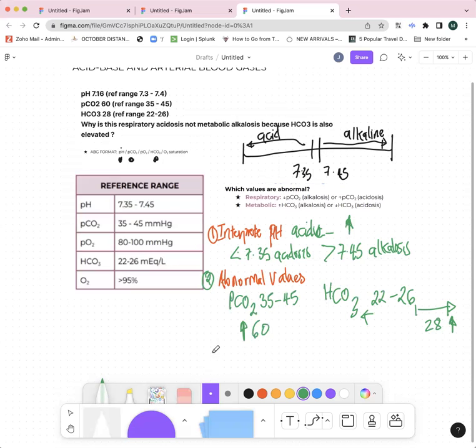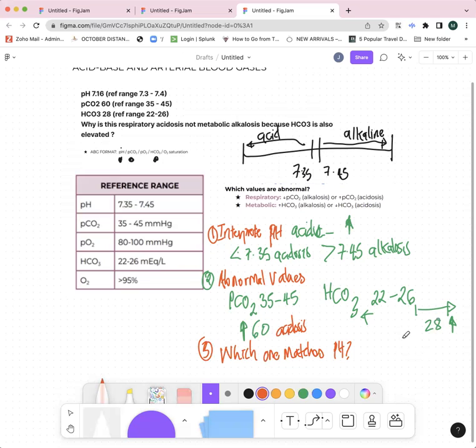Now, the third step is to identify which one matches the pH. So in this case, when the PCO2 is increased, that means this is acidosis.